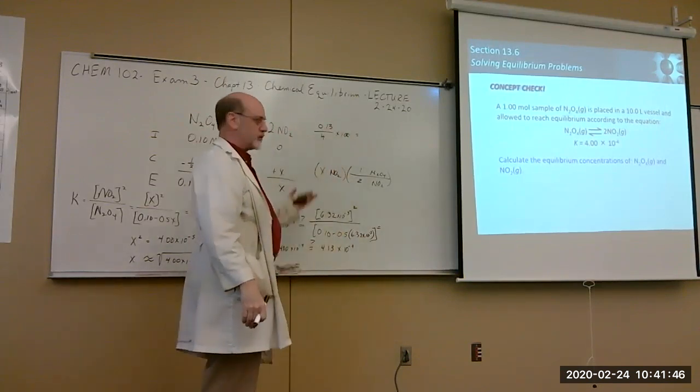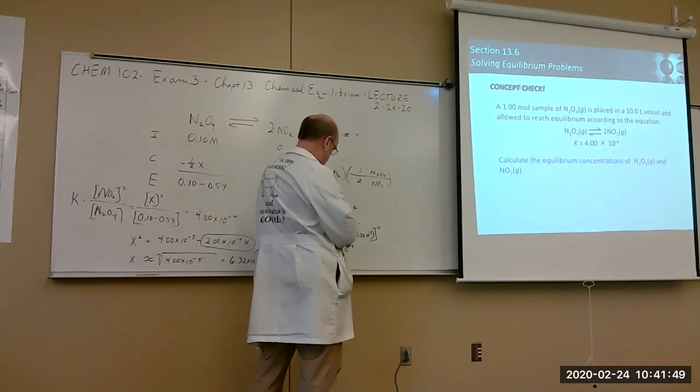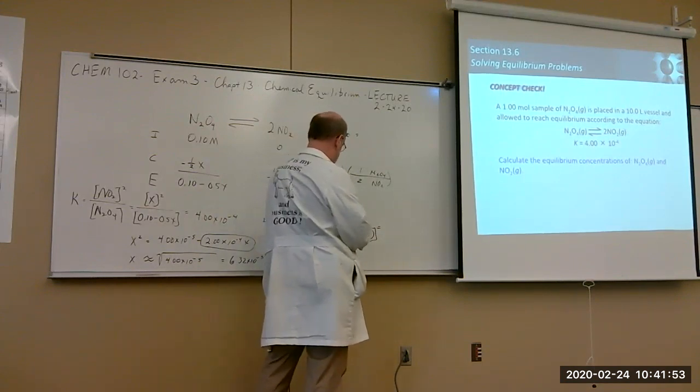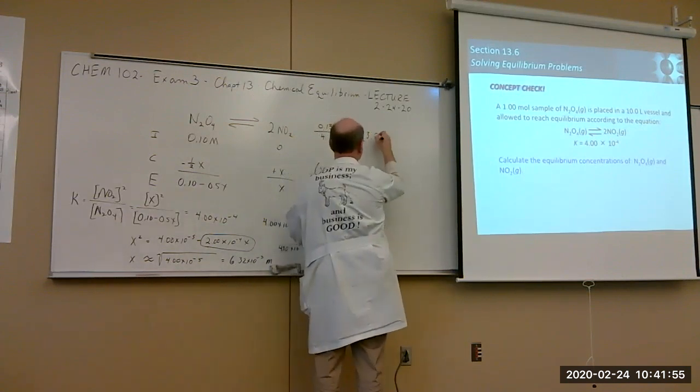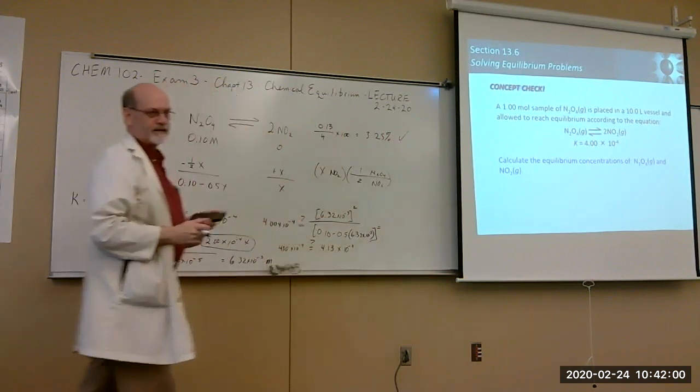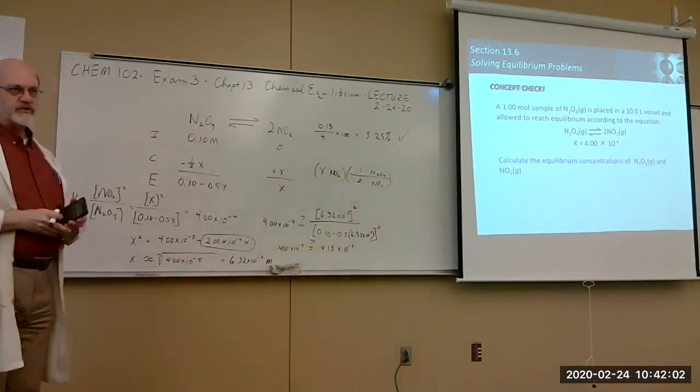Right? That's why I can use that. So 0.13 divided by 4 is 3.25%. Good. So our approximation worked.